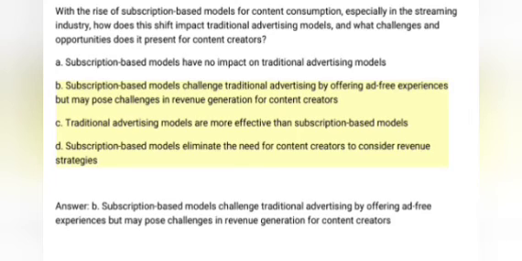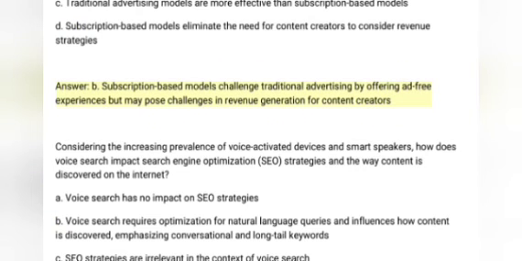C. Traditional advertising models are more effective than subscription-based models. D. Subscription-based models eliminate the need for content creators to consider revenue strategies. Answer. B. Subscription-based models challenge traditional advertising by offering ad-free experiences but may pose challenges in revenue generation for content creators.